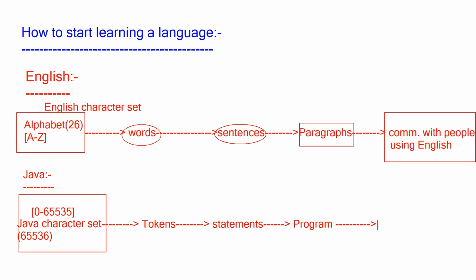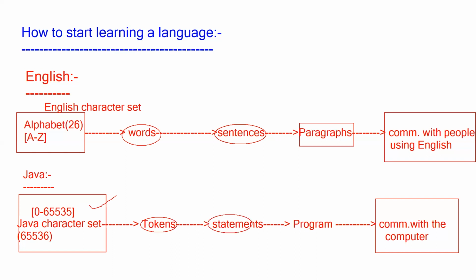And what does the program do? The program communicates with the computer. That's the reason you are learning a programming language: to write the program, and then it will talk to the computer. So to learn Java, initially you will be learning about the Java character set, and then you will learn the tokens.